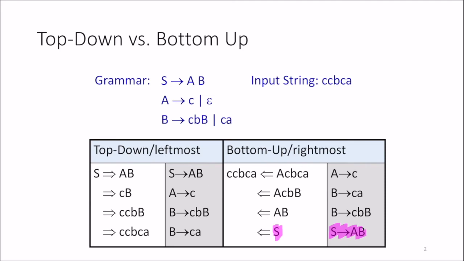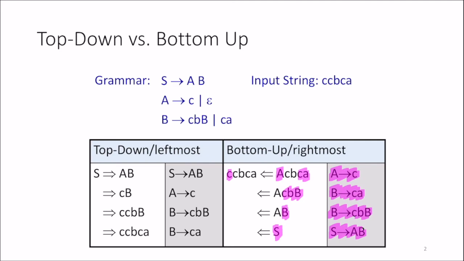And now, if you look at the rightmost non-terminal, which is B here, we use this rule and expand it. So as you can see, I've taken that non-terminal B and replaced it with CBB. Since it's a recursive rule, the non-terminal B appears again after I use the rule. Now the rightmost non-terminal is this non-terminal B here, which I can expand using B goes to CA. And then the rightmost non-terminal is A, which I use this rule, and I replace it with a C. And you can see I get the same input string, except this time it was a rightmost derivation.